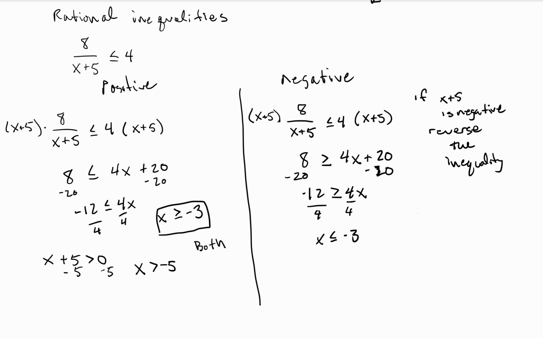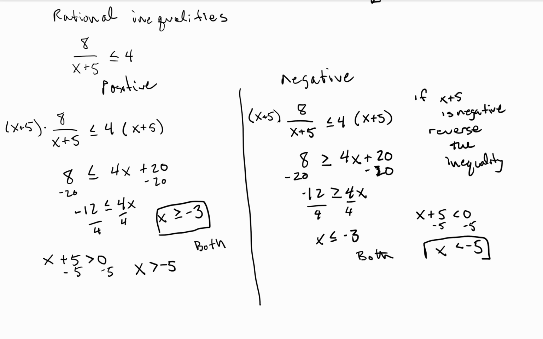And then I also have to consider, all right, so if x plus 5 is less than 0, and I subtract 5, I'm going to get x is less than negative 5. So which numbers are both less than negative 3 and less than negative 5?